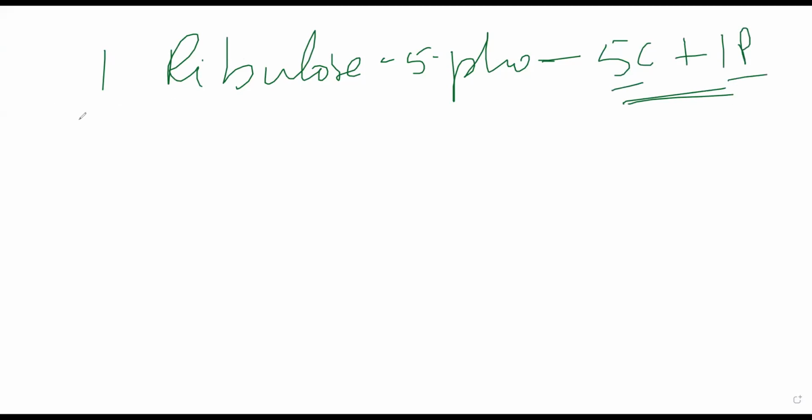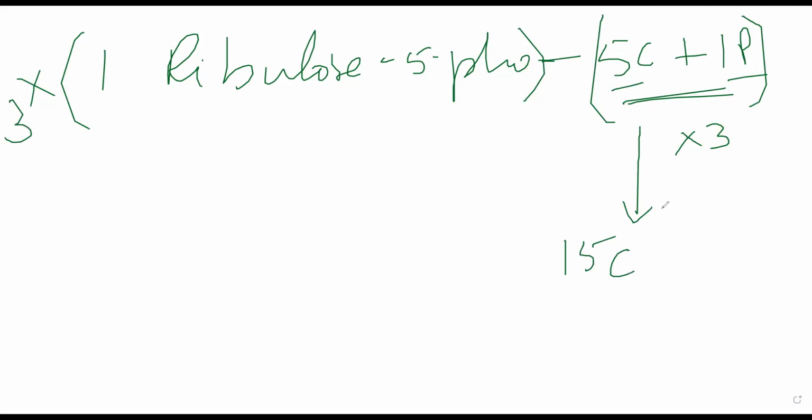The whole reaction is occurring 3 times, so I multiply this by 3. 5 into 3 is 15, and 1 into 3 is 3. So I have a total of 15 carbon atoms and 3 phosphate groups in the form of 3 molecules of ribulose 5-phosphate. From here on out the reaction will proceed into the non-oxidative phase.